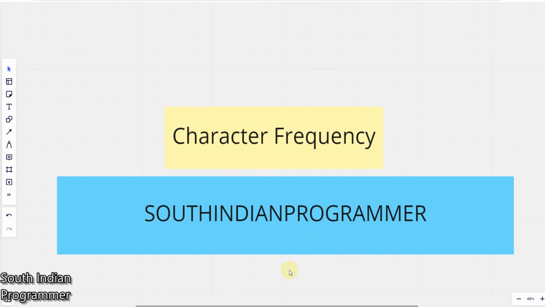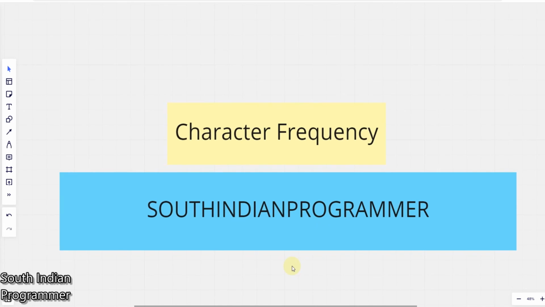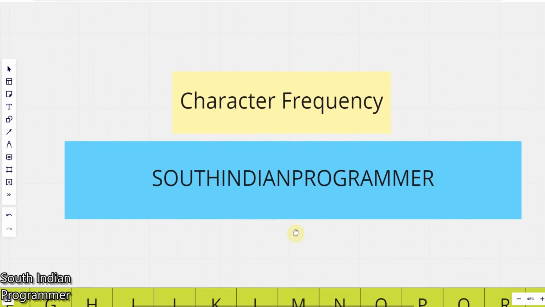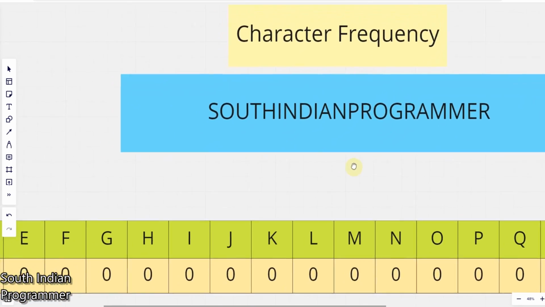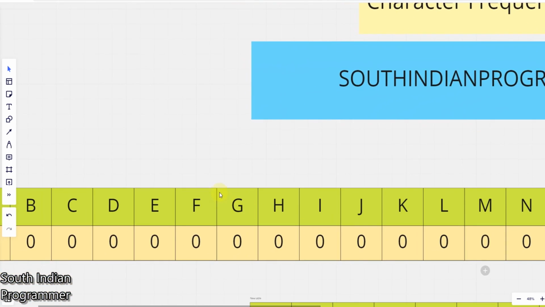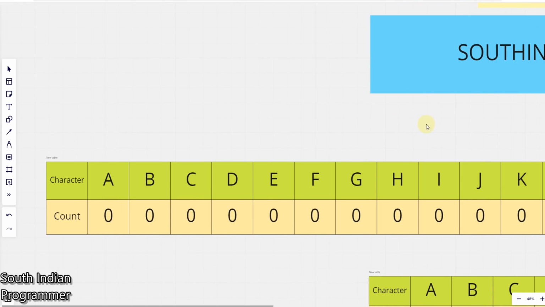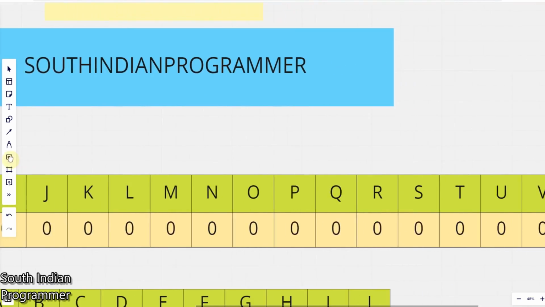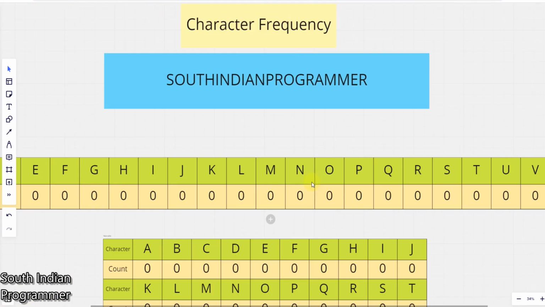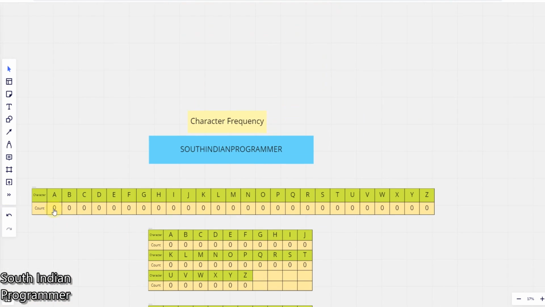So how do we do this in C++? We'll see. In order to solve this problem, I'm declaring one array. Here, this is a manual process, but we'll switch back to the code. Here we have A to Z, and the following count is displayed. Here A has 0 times, B 0, likewise until Z we have 0 times.